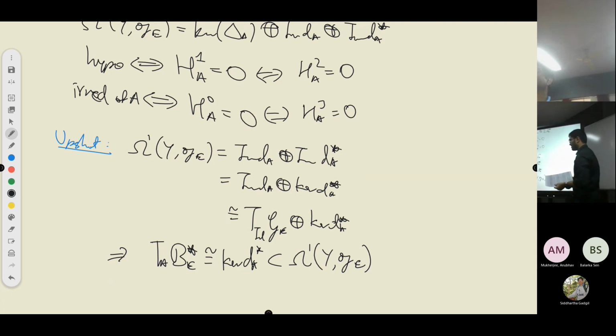This is great because now we have what the tangent space is, under our hypothesis. Wait, what was BE? Oh yeah, BE is the space of connections modulo gauge.